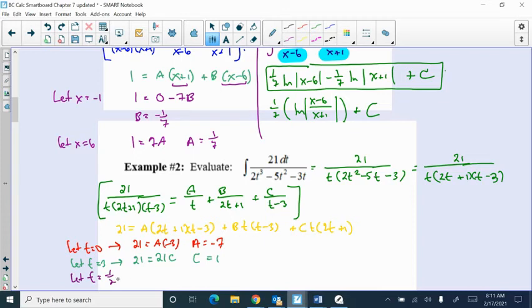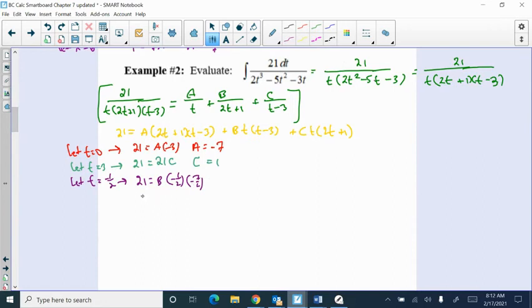So we still get 21 equals, and when t is -1/2, we get -1/2 times (-1/2 minus 3). So that's -7/2, or -3.5. So b times -1/2 times -7/2, which would actually be a positive 7/4. So 21 equals 7/4 b. When you come over, you multiply by 4/7. So it looks like that's 12 equals b.